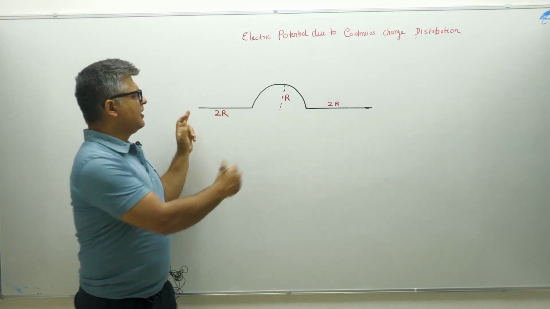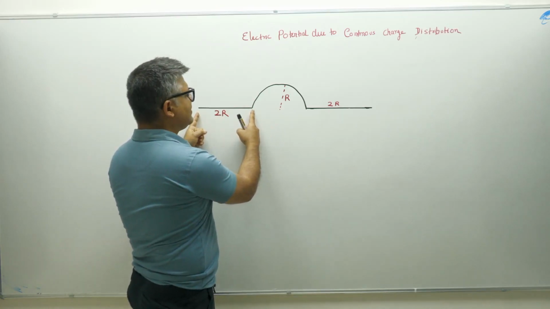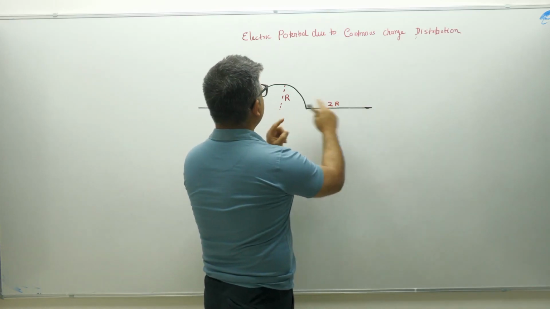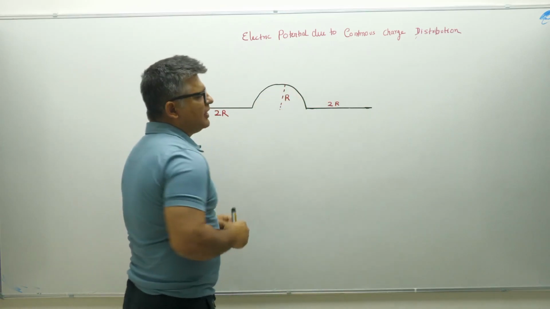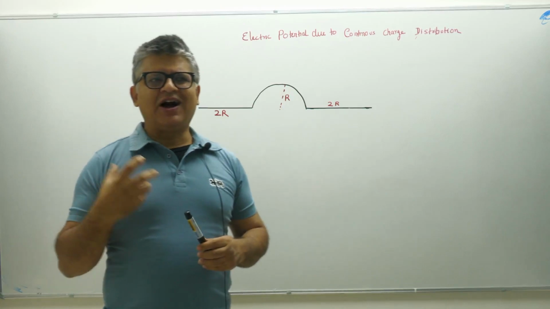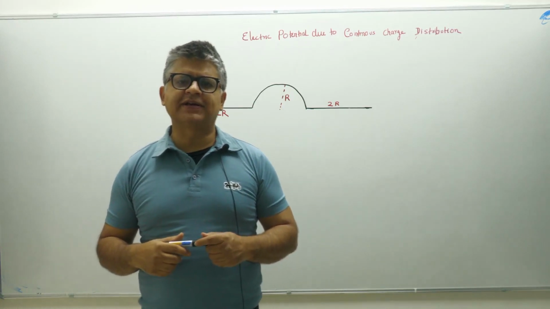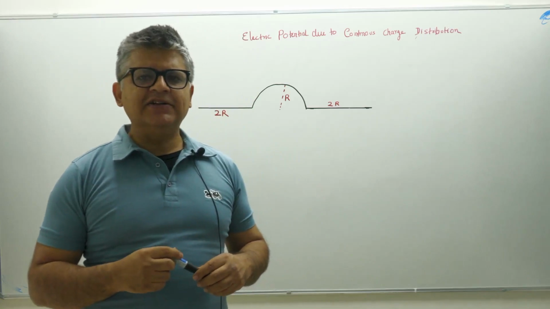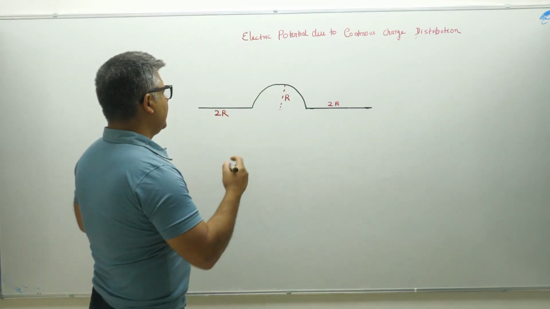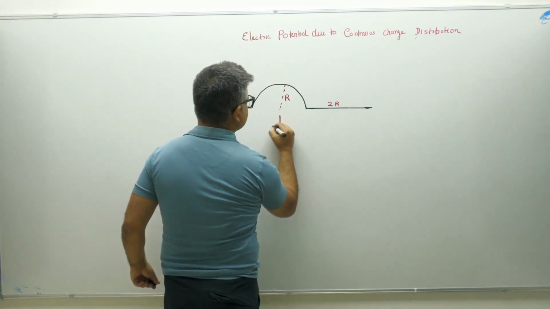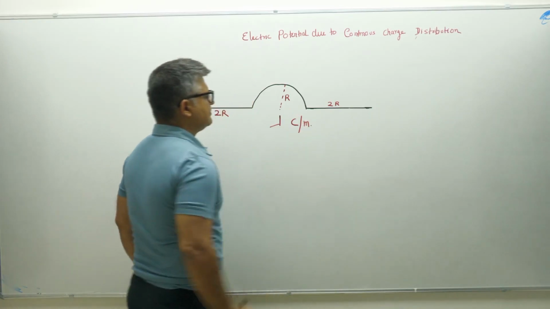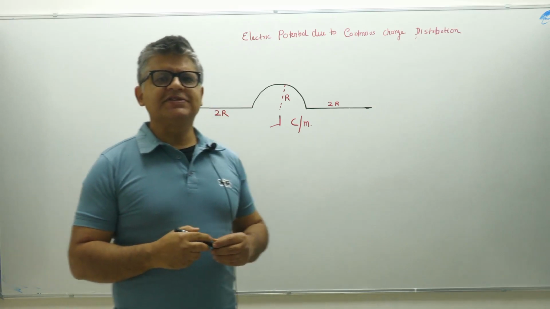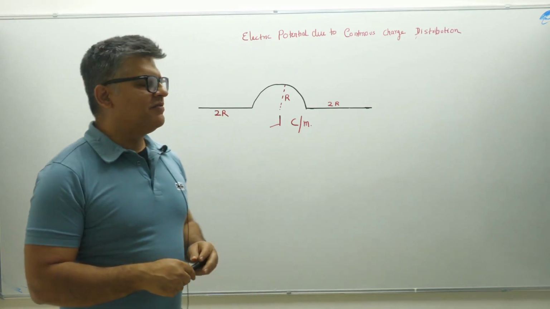So this is of finite length, of some length 2r, and the overall radius is r. Let's say the linear charge density available to you is lambda, in coulomb per meter. Now this is your given data.